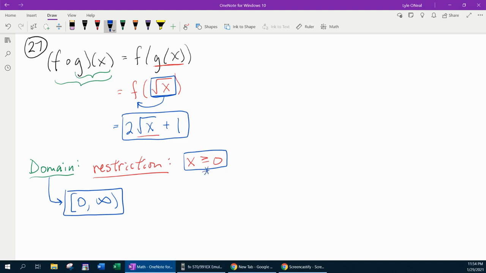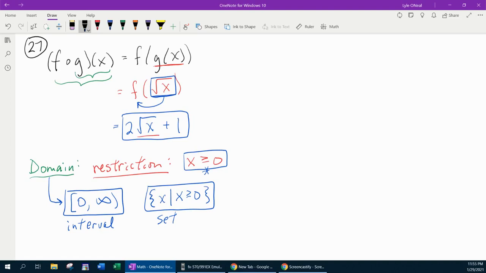Once you've got your restriction, you basically have the set notation. That would be the set of all x such that, and then you write down the restriction. So there is your domain in set notation. Interval notation, set notation.